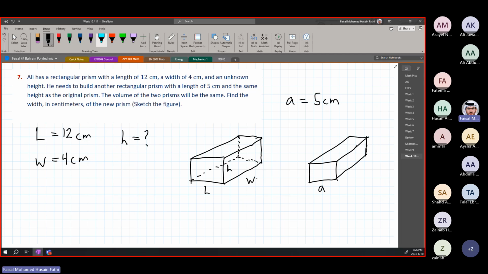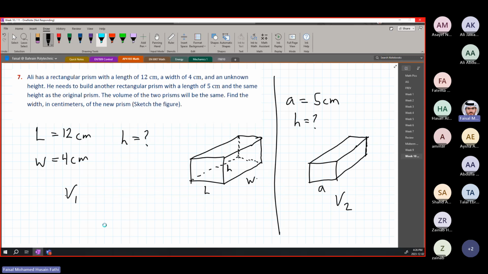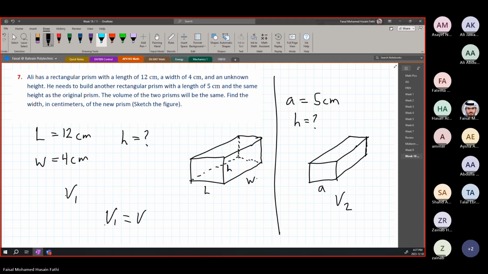And the same height as the original prism. فال H هني is the same as the H هني, which we don't know yet. We'll just keep as H. So the same height. The volume of the two prisms will be the same. And the volume, let's call this V1. And this is V2. Okay. V1 has to be equal to V2. All right. V1 has to be equal to V2.